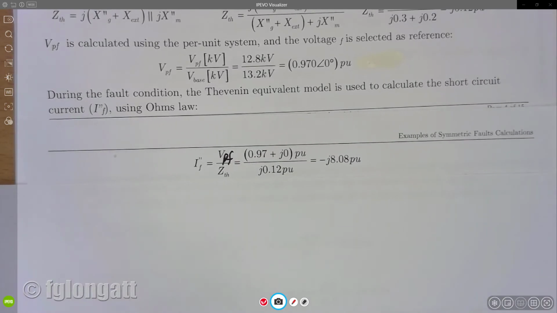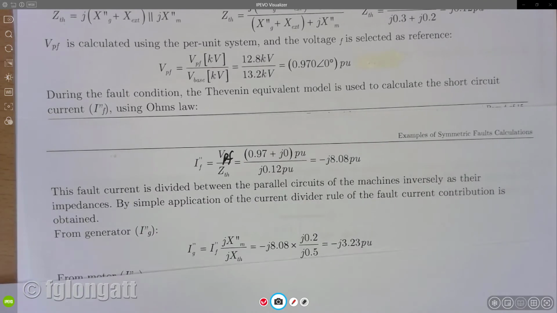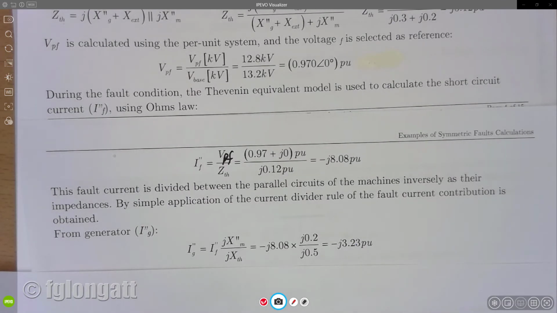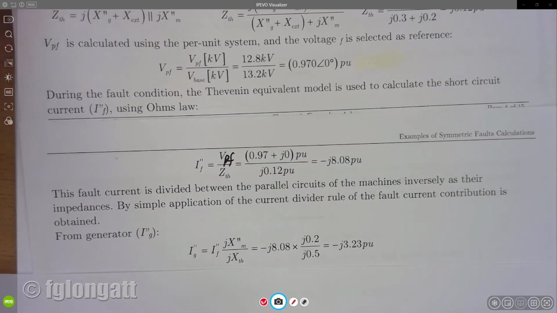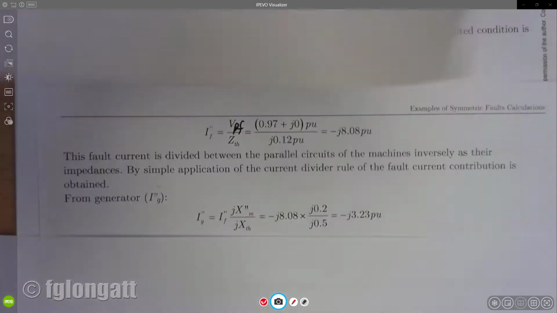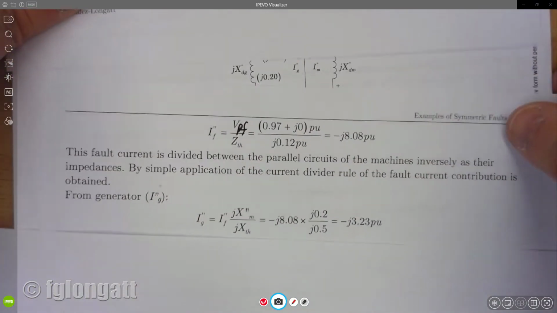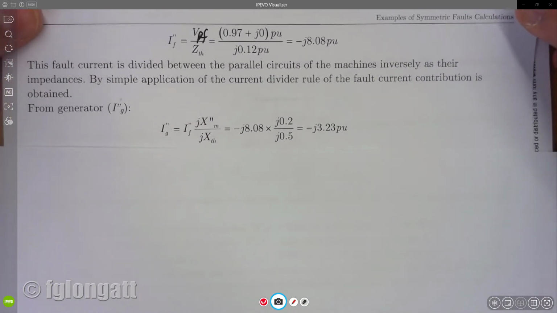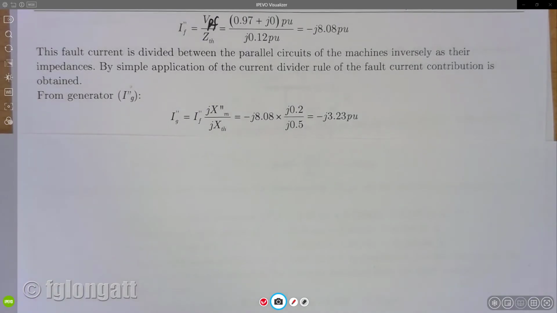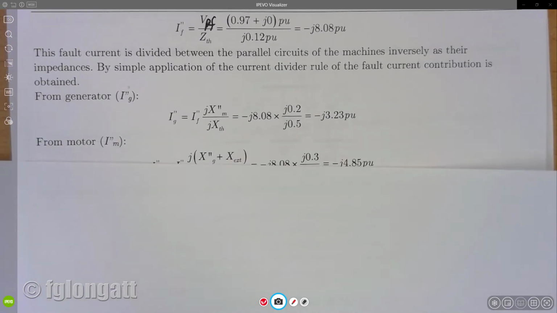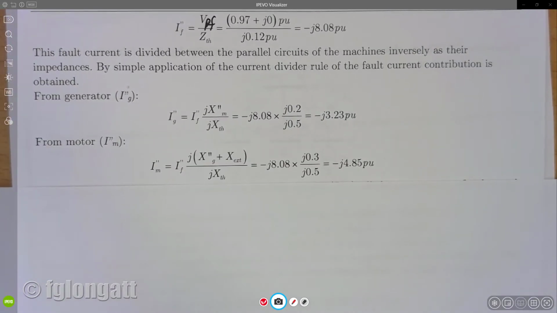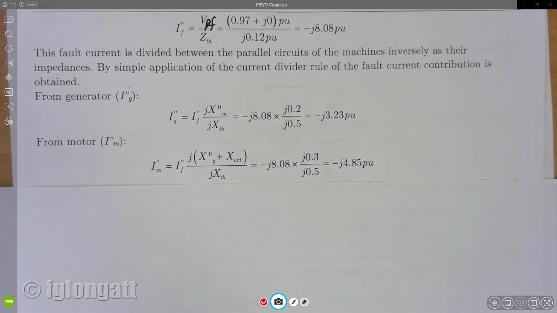Good, something simple. Now, to obtain the fault contribution from the generator and the motor, what we need to do is basically use circuit theory analysis, okay? My students are quite good on circuit theory analysis, and there is something that is called the current divider rule, okay?